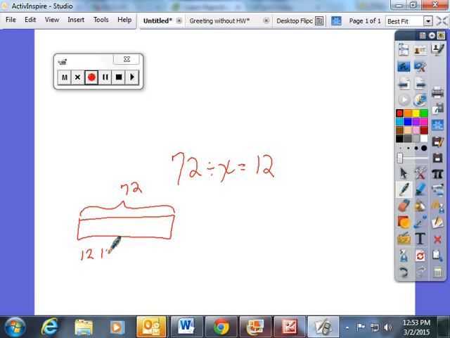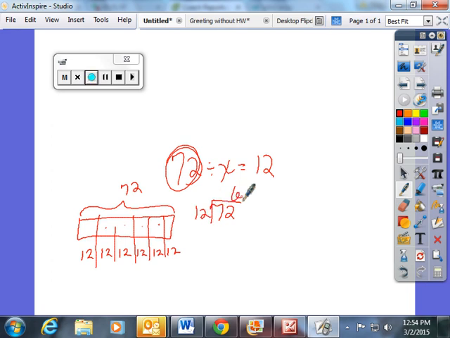So you have to add 12 until you get to 72. 12, 24, 36, 48, 60, 72, and that would divide it into 1, 2, 3, 4, 5, 6 sections. So x would equal 6. If the known is first, you actually have to divide 72 by 12 to get an answer of 6.